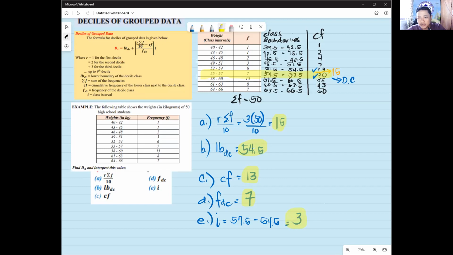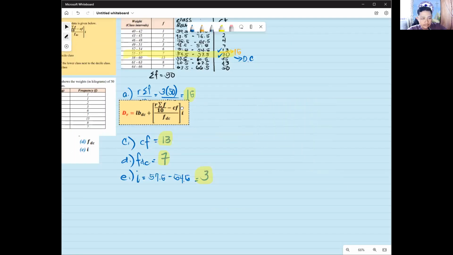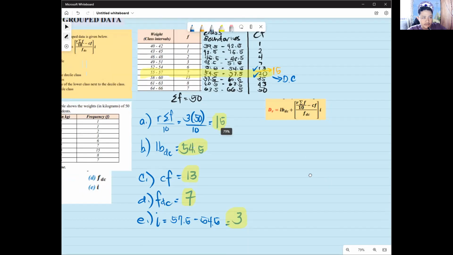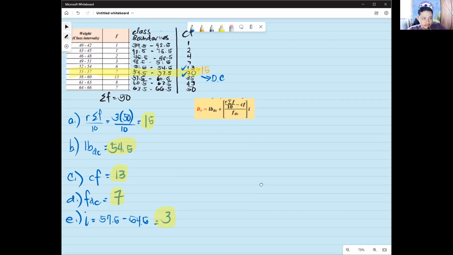So for our formula, we have here D. Okay, there you go. So let's just substitute our values here. What are we solving here?